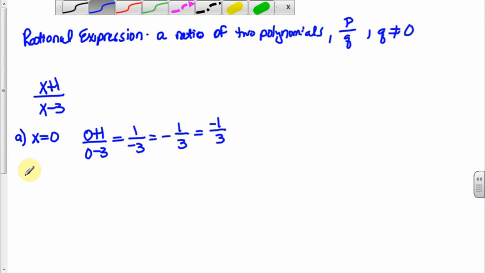Part B says let's do it for 3. So let's evaluate it for x equals 3. So I'd get (3 + 1)/(3 - 3), which is 4 over 0, which is what? It's undefined because 0 is where?